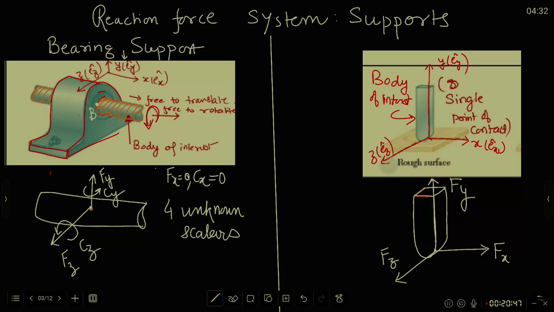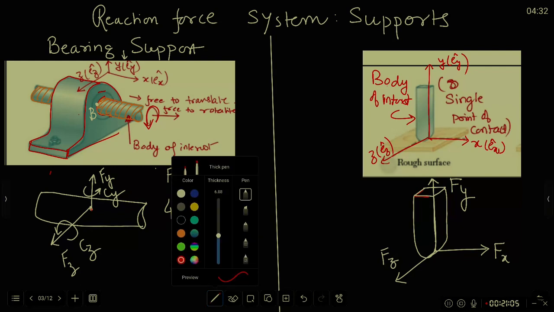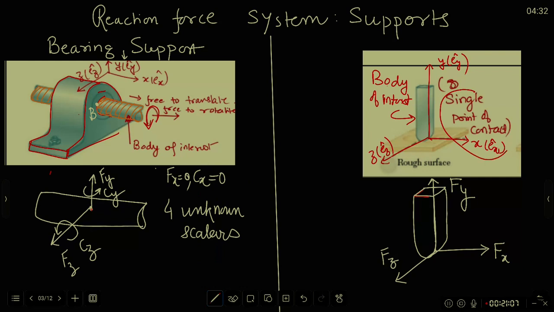How about Cx? Should we put any Cx or not? Now here it is given that this object has a single point of contact. Now see, for any torque to be generated, there has to be a couple of forces.